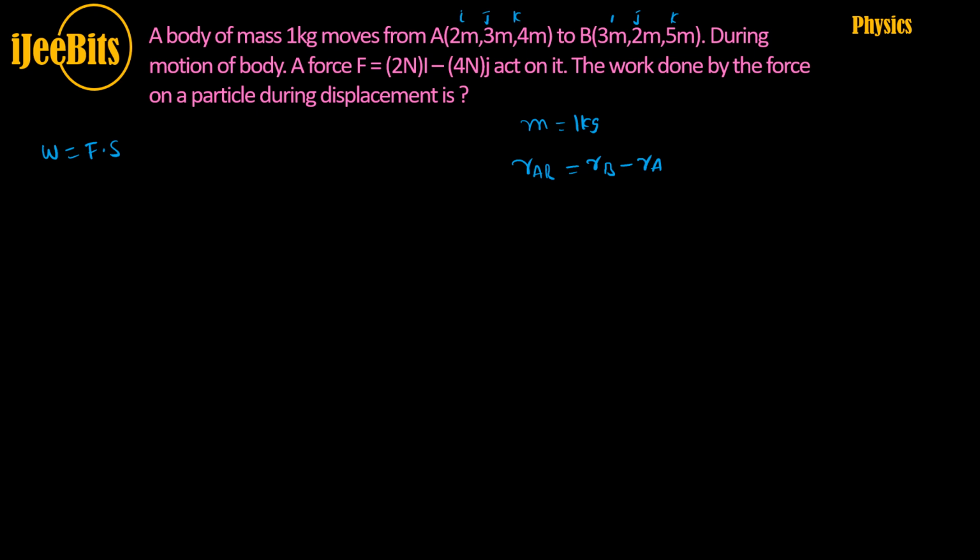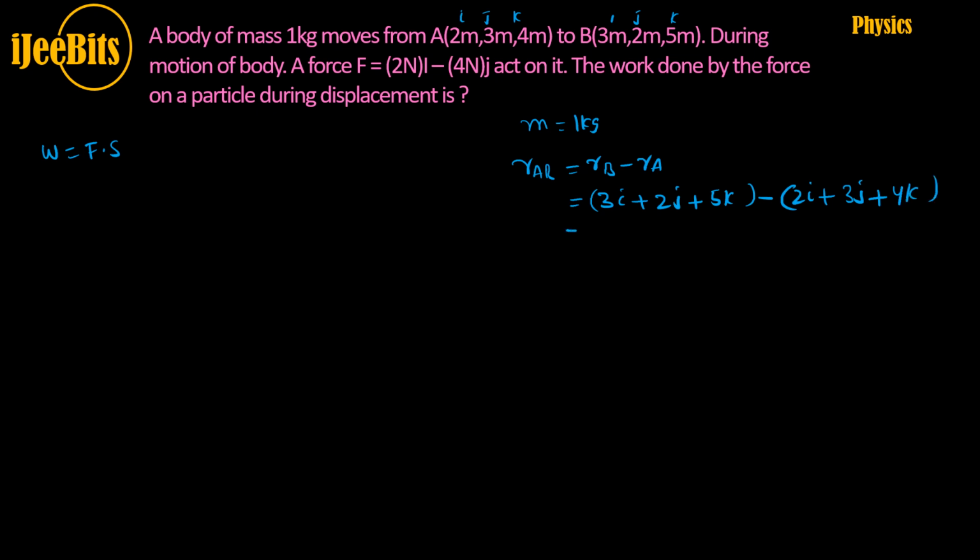So what you have to do: the relative position RB is 3i plus 2j plus 5k, minus RA, which is 2i plus 3j plus 4k.